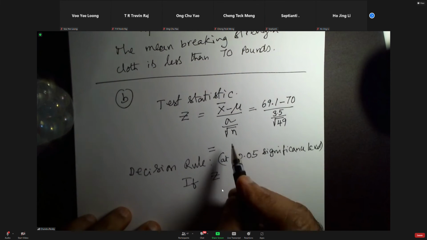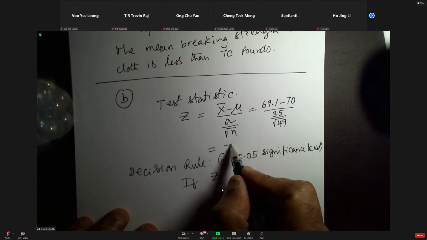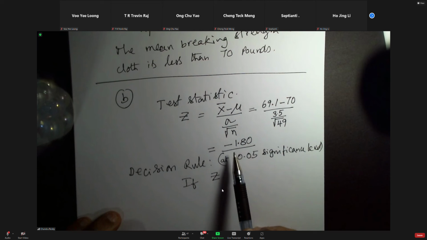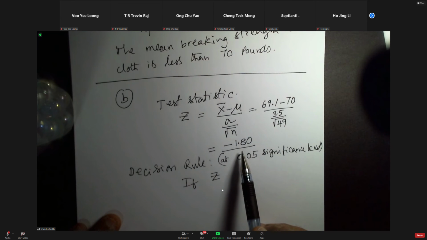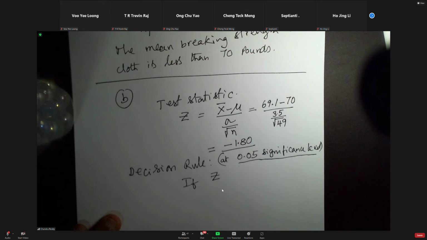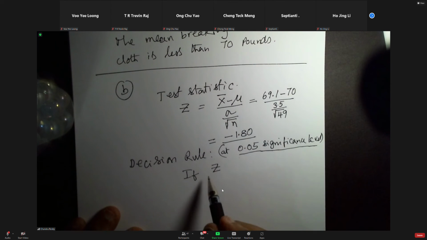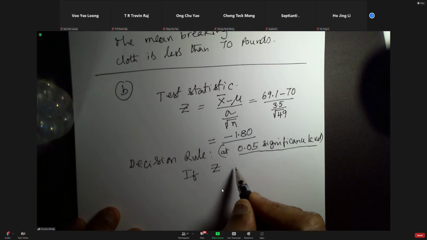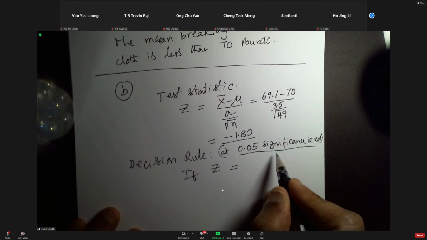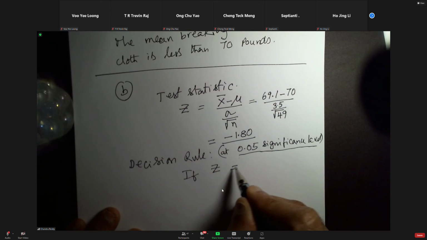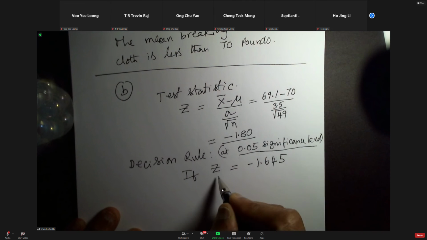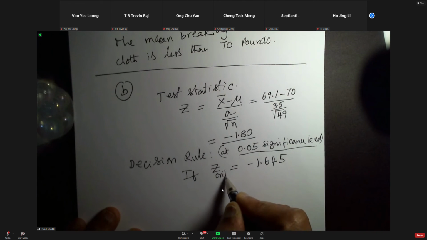That's correct. So you calculate the test statistic value as minus 1.80. But we need to test this at the 0.05 significance level. So what is the value for Z at the 0.05 significance level? At 0.05, or at 95% confidence, the Z value will be negative 1.64. So this is the critical Z value.